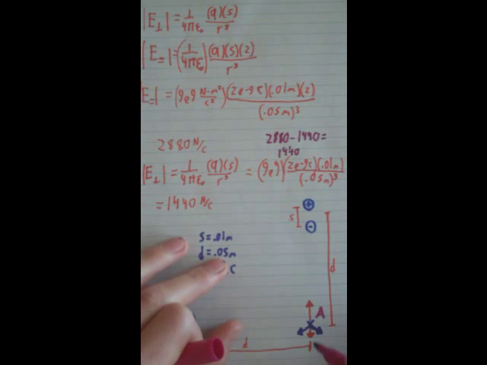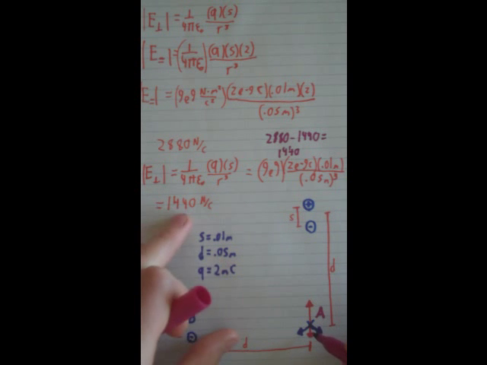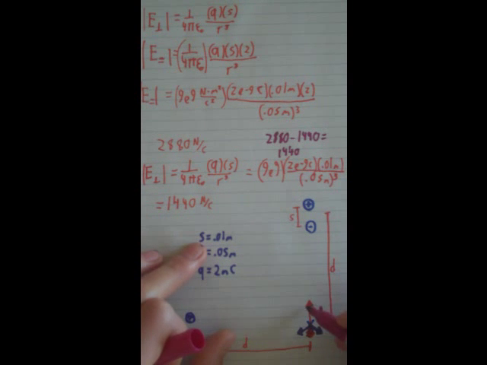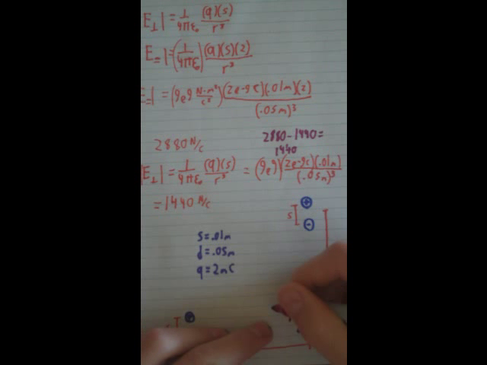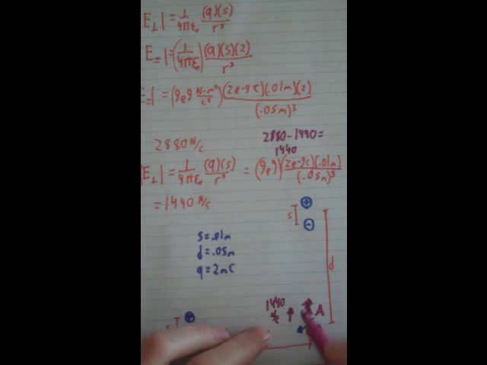Since this is half of this, it takes out about half of this. So the net electric field is going to equal 1,440 newtons per coulomb in the direction towards the parallel one.